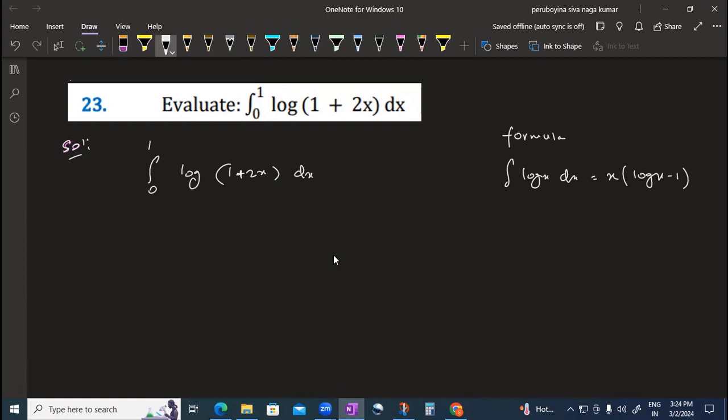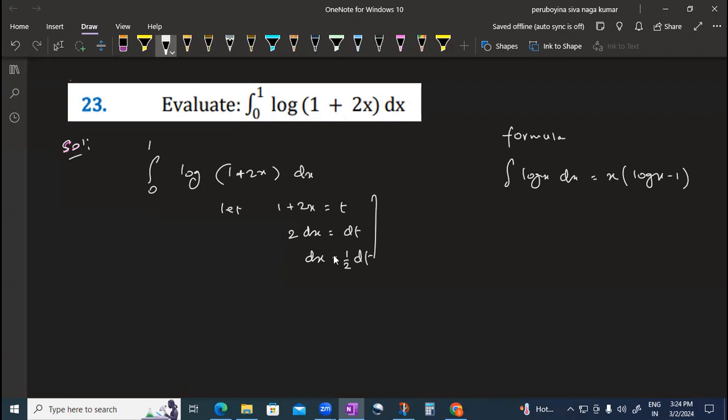But this is not x. So what we do? Let 1 plus 2x is equal to t. 2 dx is equal to dt. dx is equal to 1 by 2 dt.